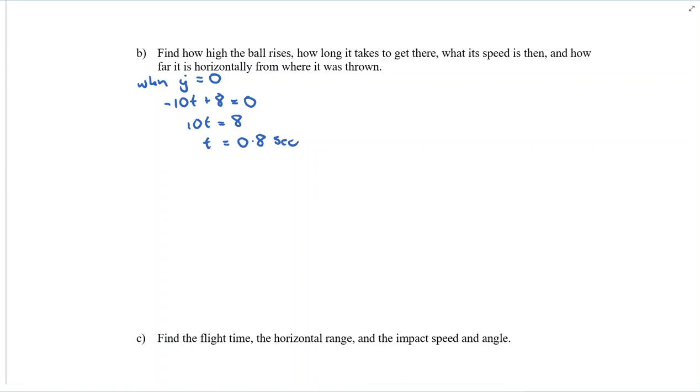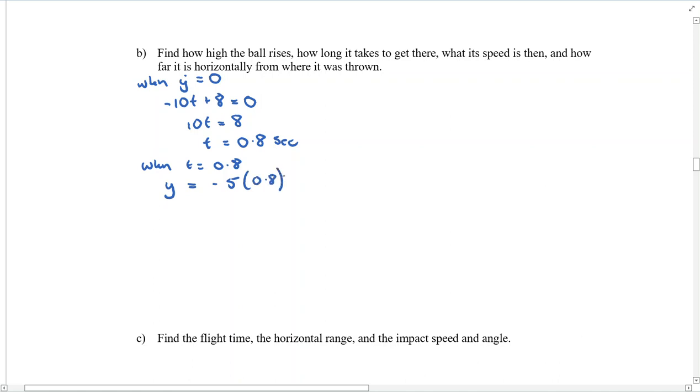To find the height, because it says how high does it rise, I have to sub that into something. Where should I sub it? Yeah, the equation for y. So I'm going to sub when t equals 0.8 into y. So that's going to be y equals -5 times 0.8 squared plus 8 times 0.8, sorry. 3.2.